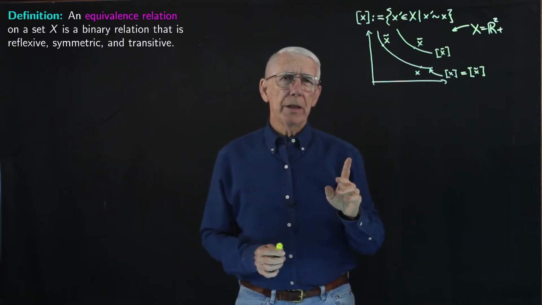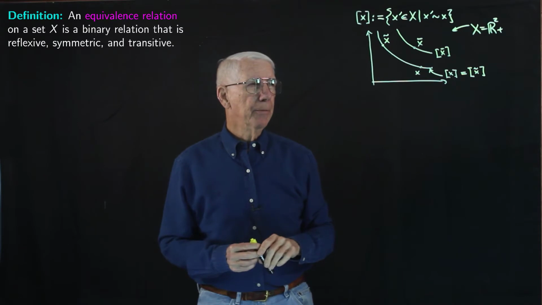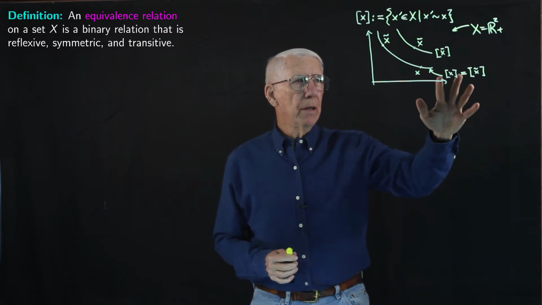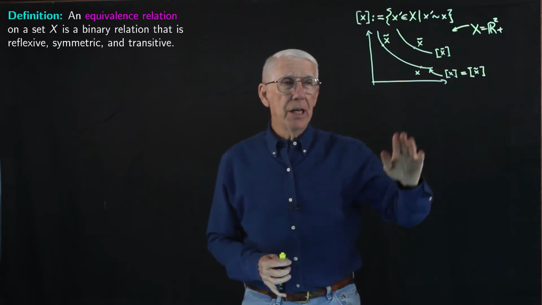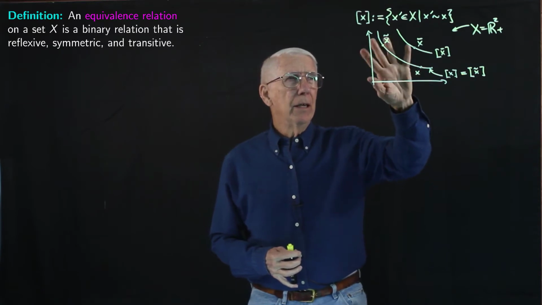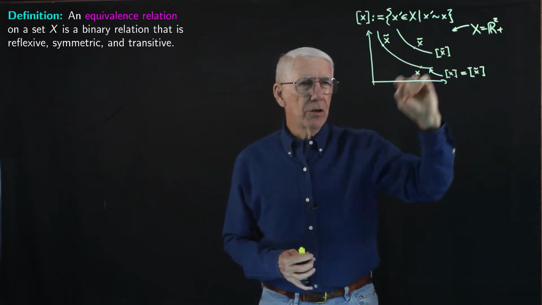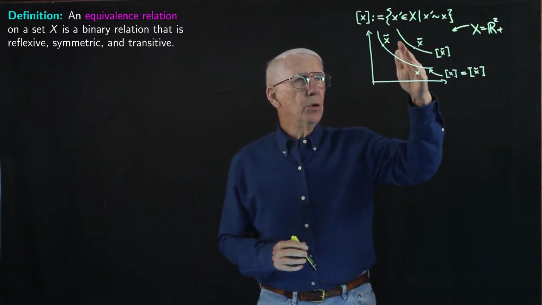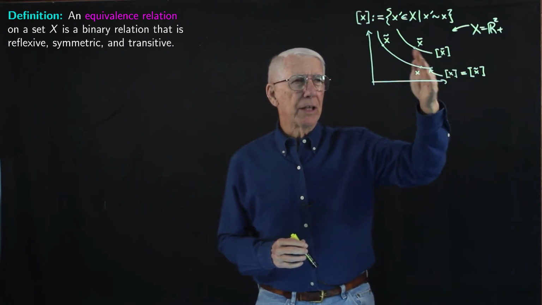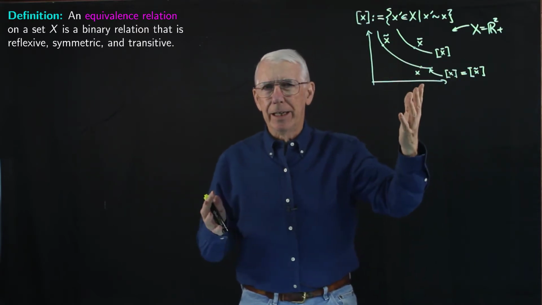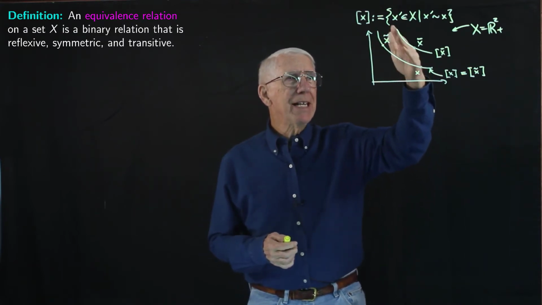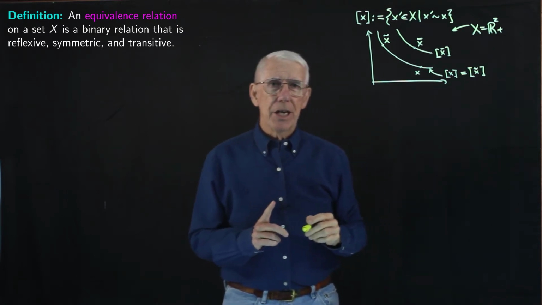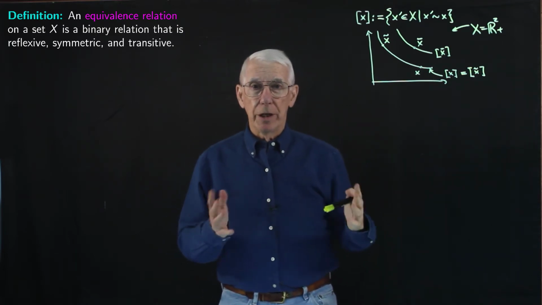One thing you notice right away is that the indifference curves, the equivalence classes, divide the underlying set X, in this case R2 plus, into distinct equivalence classes. They divide it up, or partition it, we could say, into distinct subsets of X. And so that concept is central to what we're going to do today.